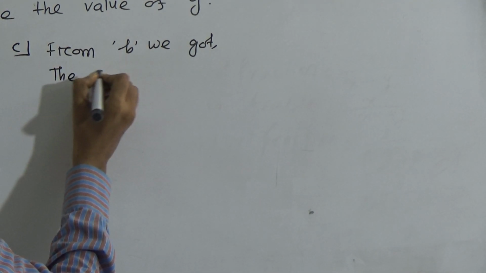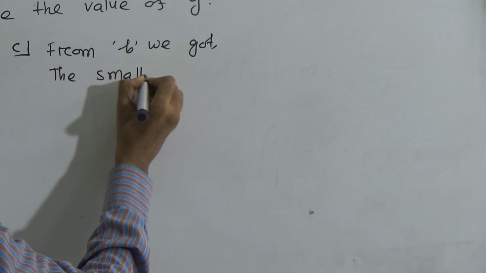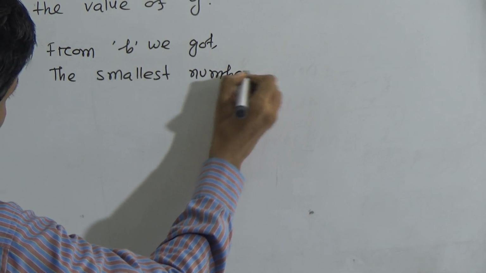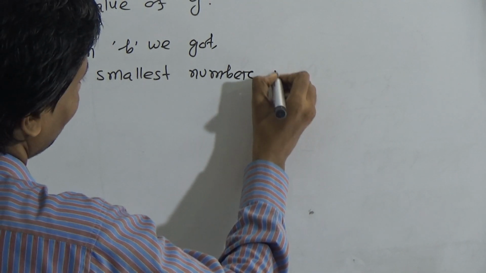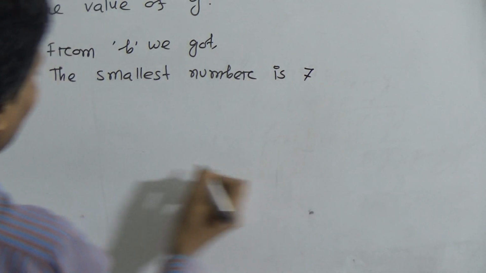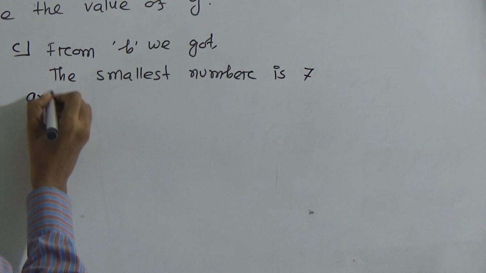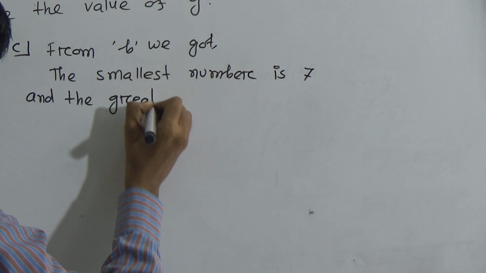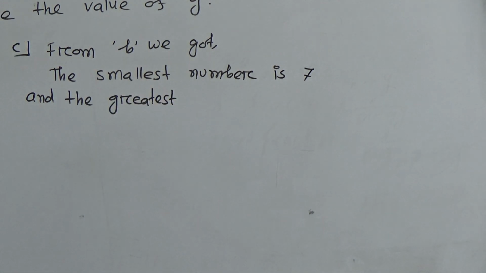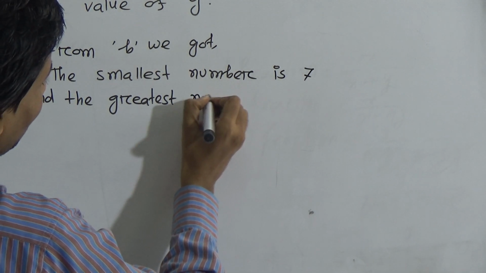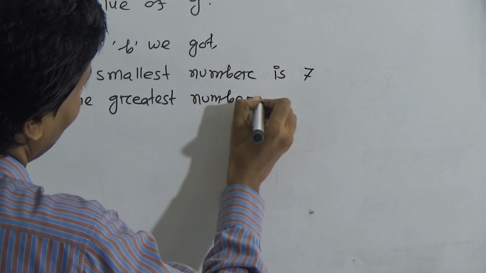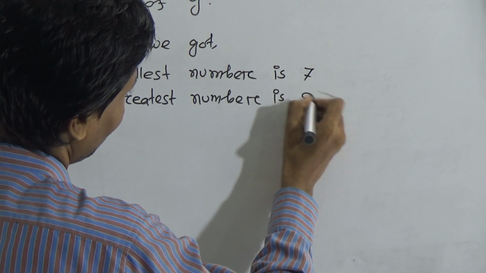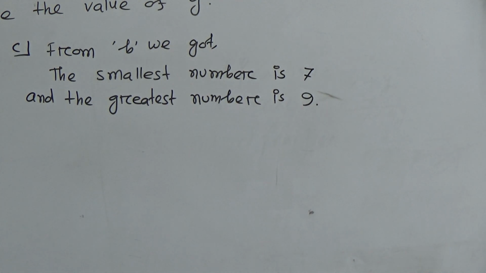The smallest number is 7 and the greatest number is 9.